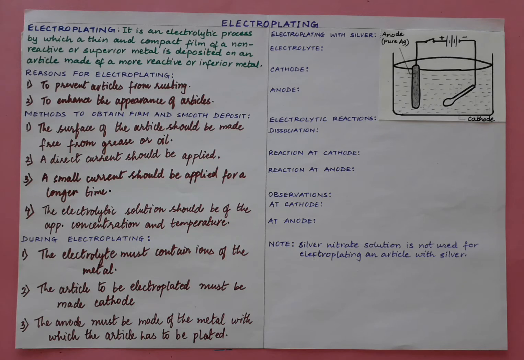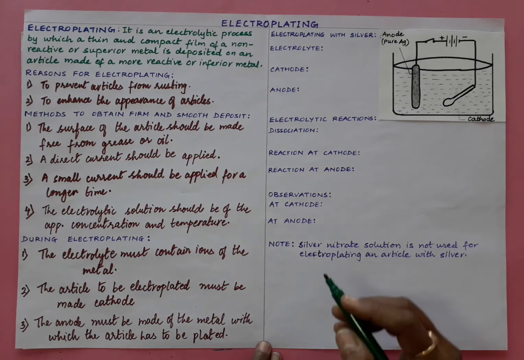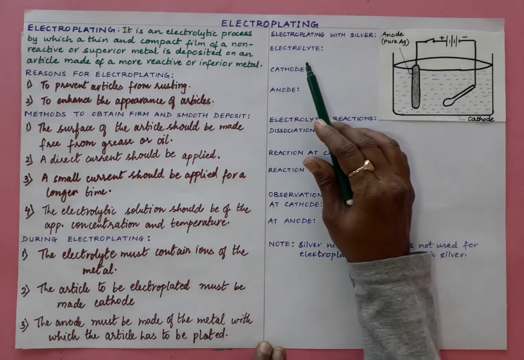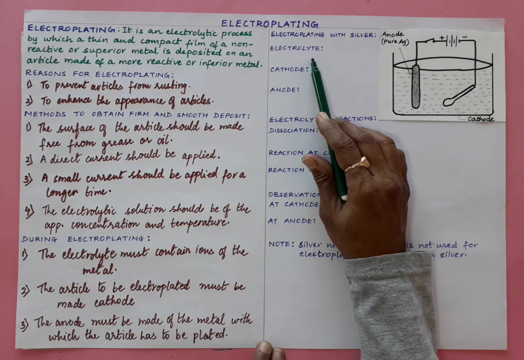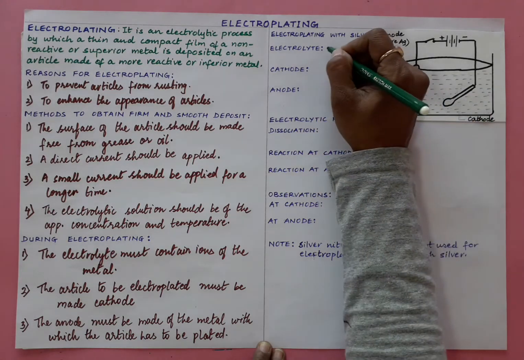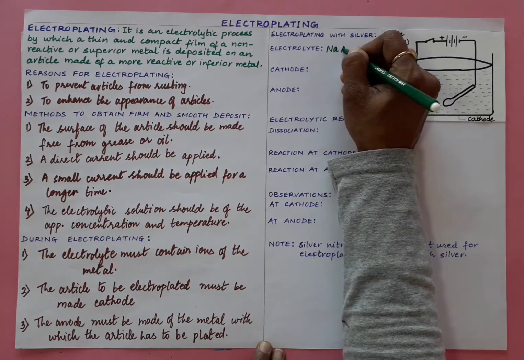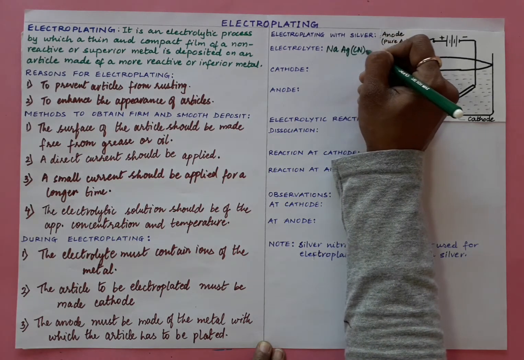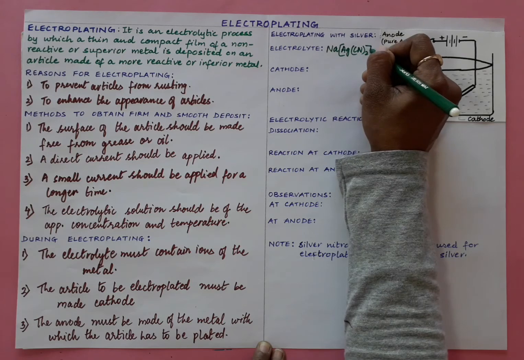Now let us understand electroplating with silver. We have taken one example, electroplating with silver. To understand that, what is the electrolyte taken in this container? We have taken sodium silver cyanide, a complex soluble salt.